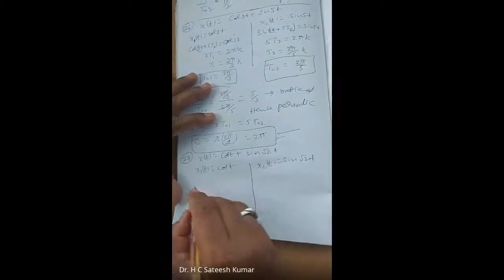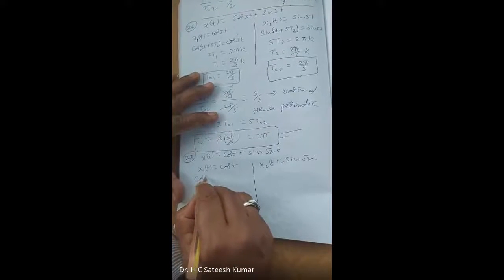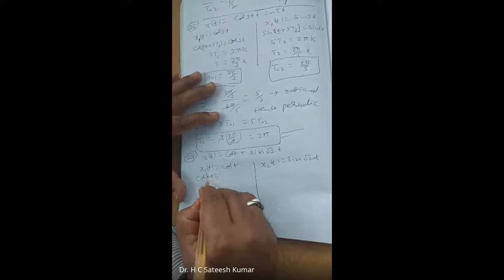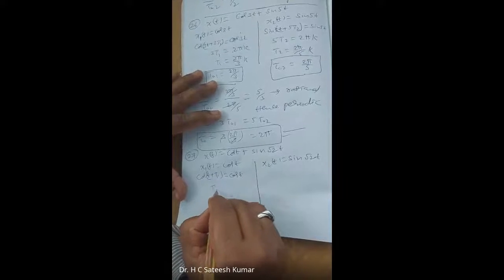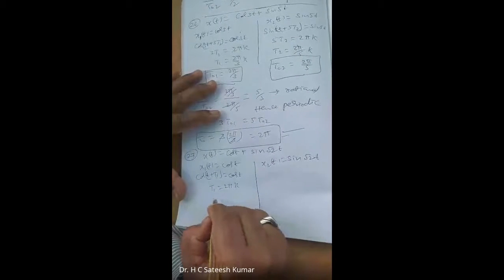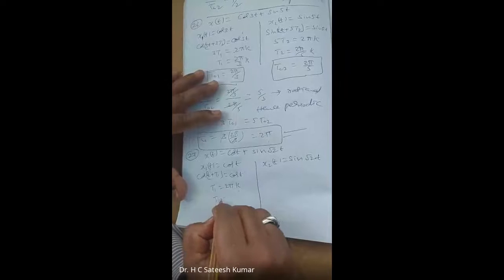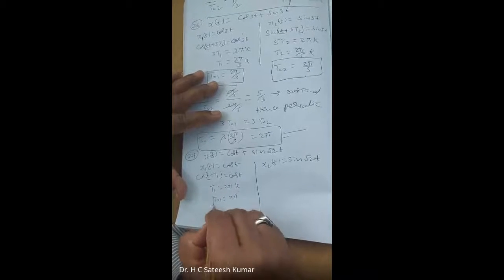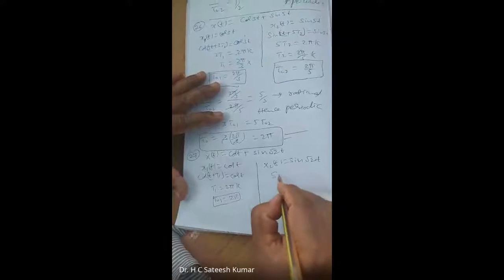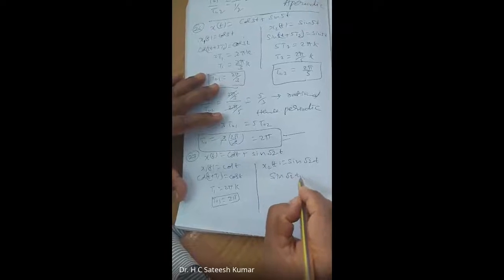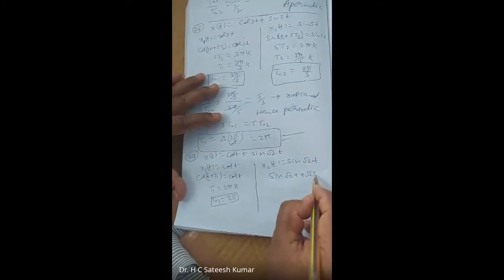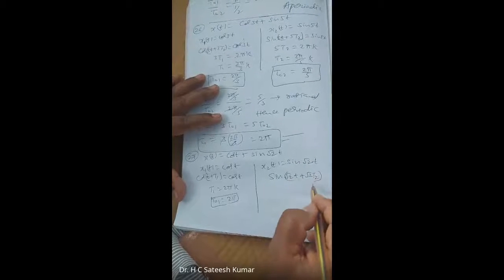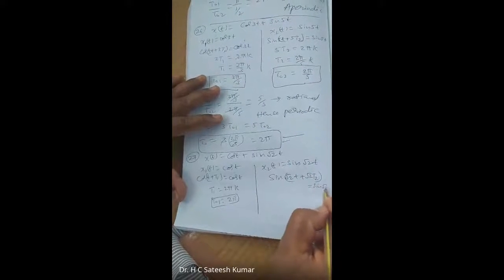Now, cos of t plus T1 should be equal to cos t. Therefore, T1 should be equal to 2 pi k, so T01 is equal to 2 pi. Sine of root 2t plus root 2 T2 should be equal to sine root 2t.